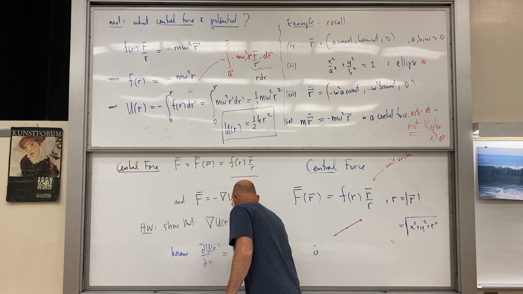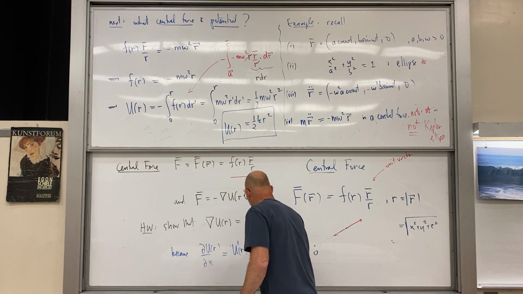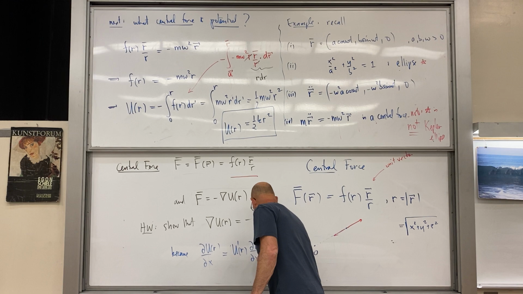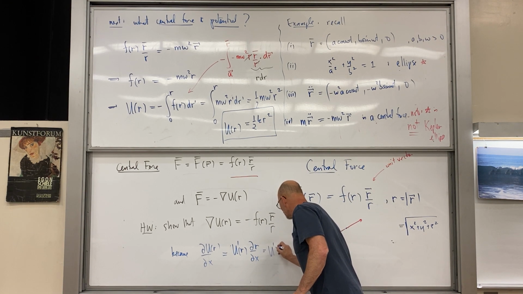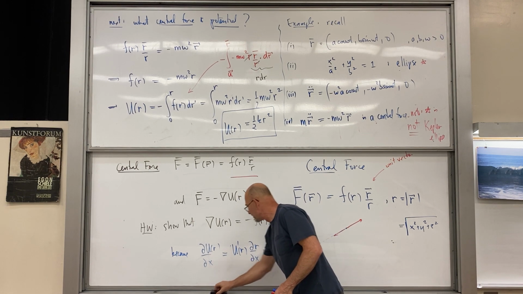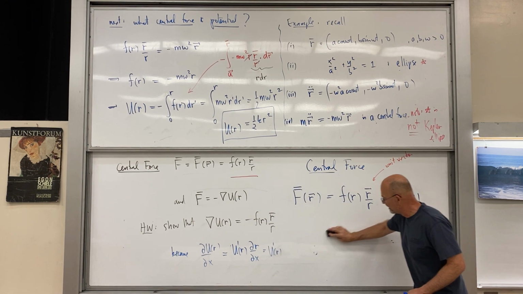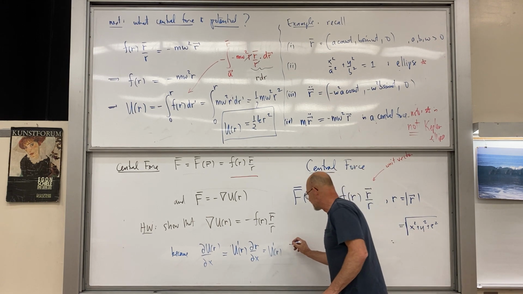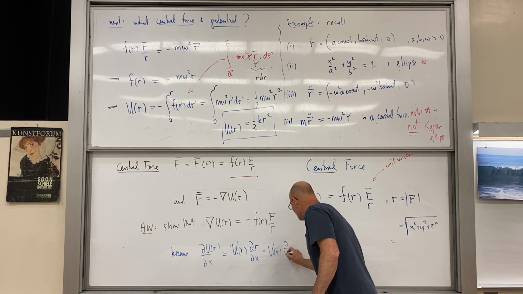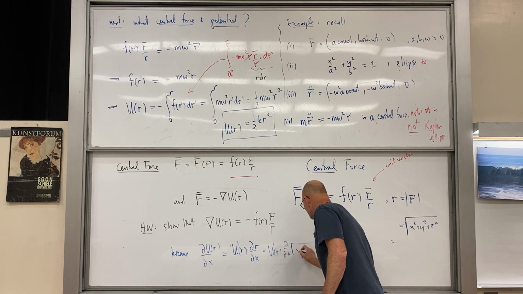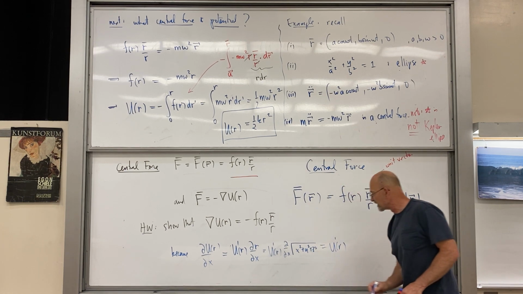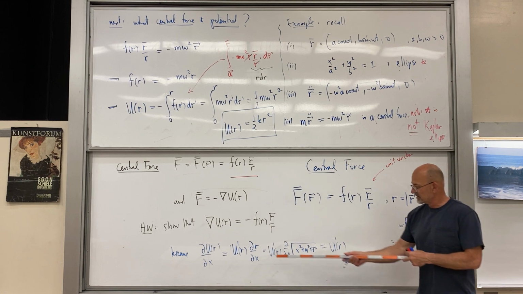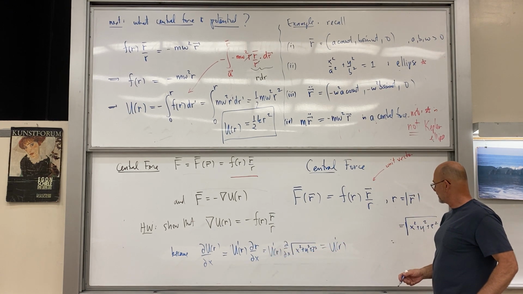That's going to be U prime of R times dR dx, equals U prime of R. Now what's this dR dx? That's d dx of this square root, x squared plus y squared plus z squared. Just carrying the U prime of R with me. I should have probably just worked this derivative, but that's okay.